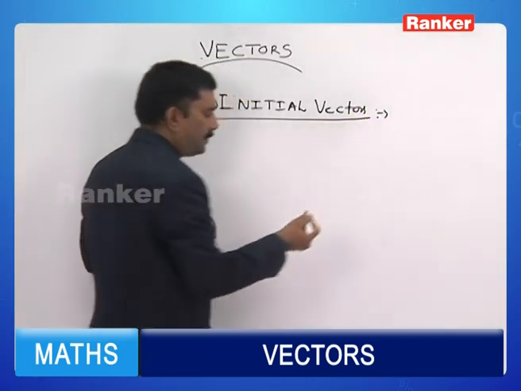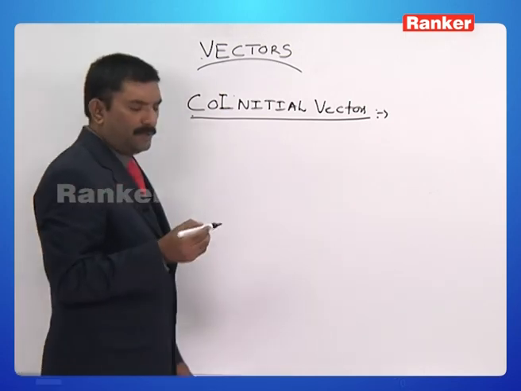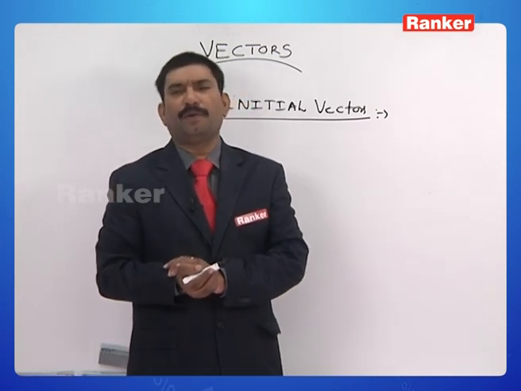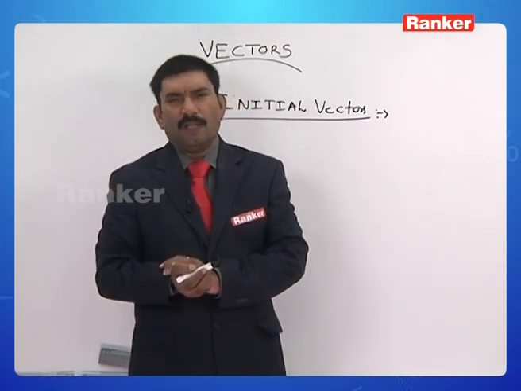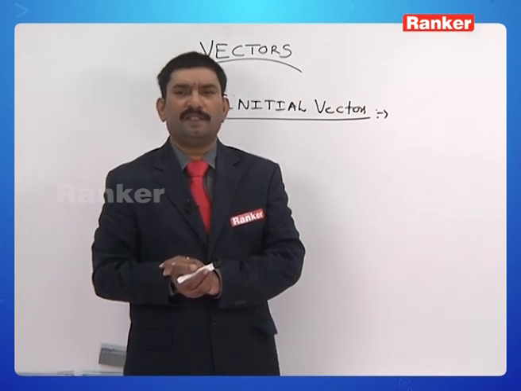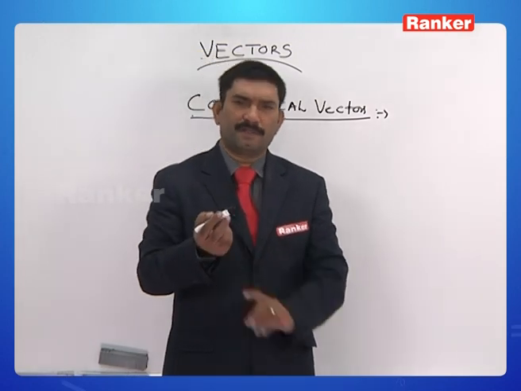Two or more vectors having the same initial point are called co-initial vectors.